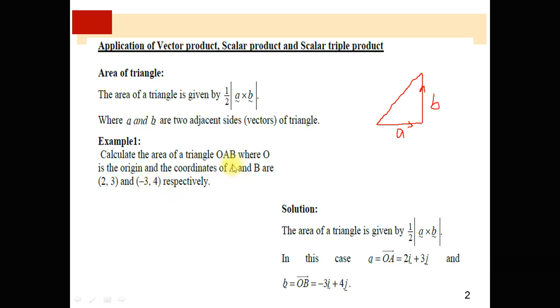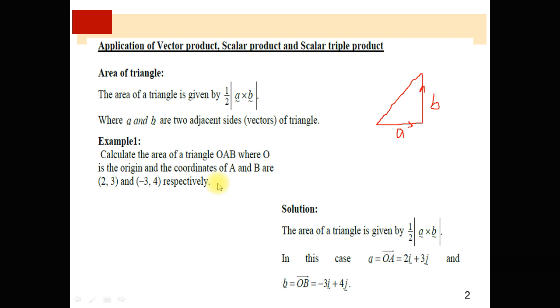We have a vector A whose coordinates are 2, 3 and vector B, actually these are points, and we can say these are vectors 2, 3 and -3, 4 respectively. But dear students, note that there are 3 points OAB, 3 vertices. O is the origin and the other vertices A and B have coordinates 2, 3 and -3, 4 respectively.